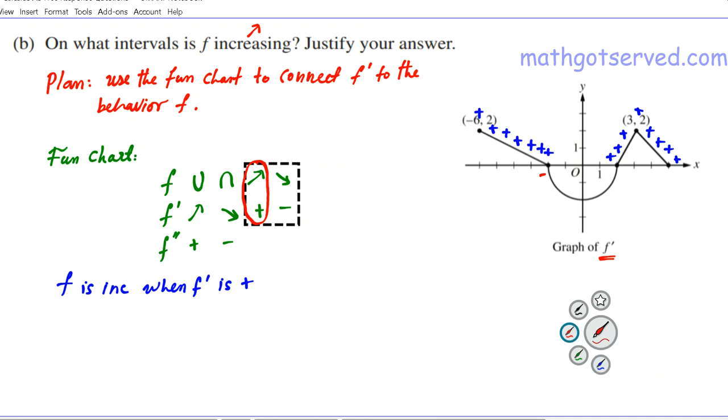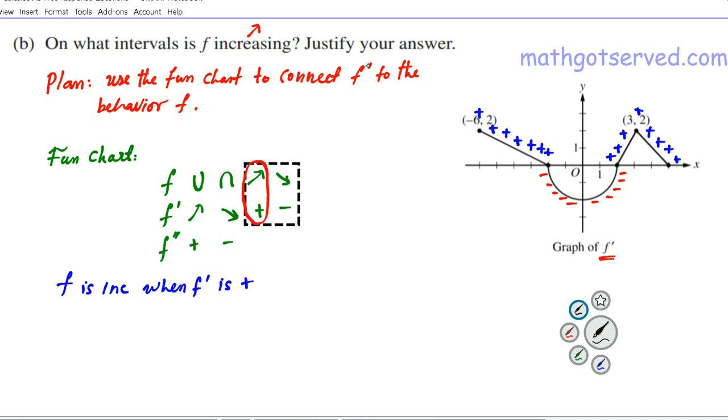On the other interval that's underneath the x-axis, f prime is negative, so f is decreasing on this interval because f prime is negative. Okay, all right, but our focus is on the positive areas because we're looking for where f is increasing.